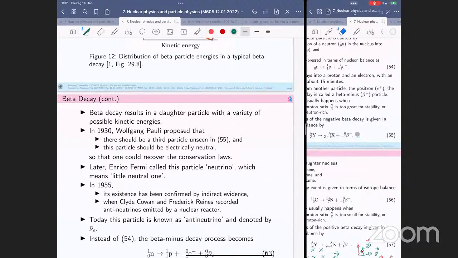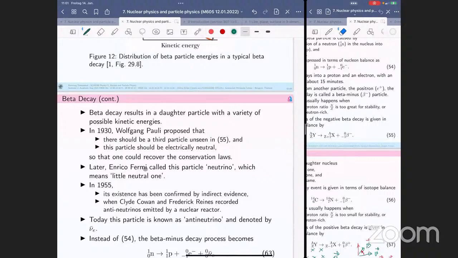He said this particle should be electrically neutral, so that one could recover the conservation. The new expected particle should be able to explain the momentum conservation and the energy conservation.